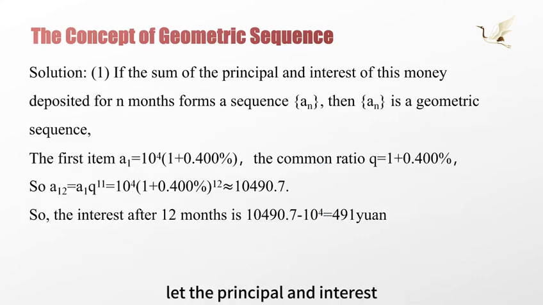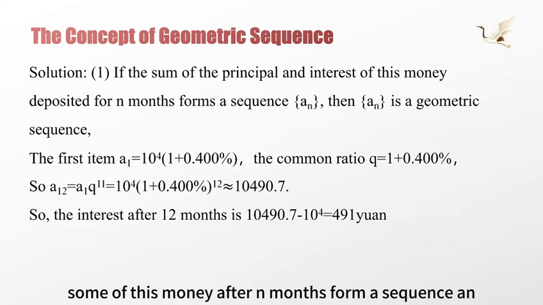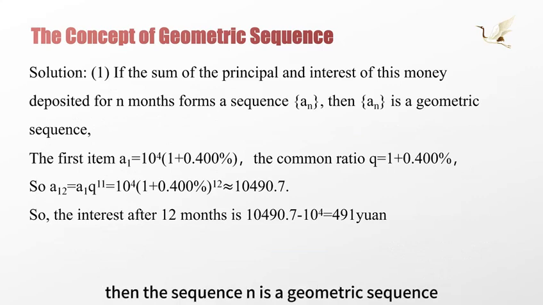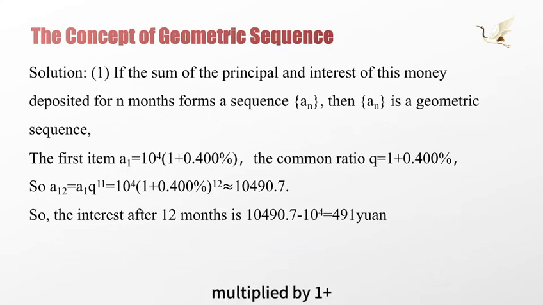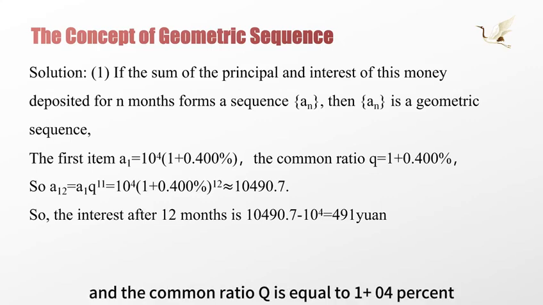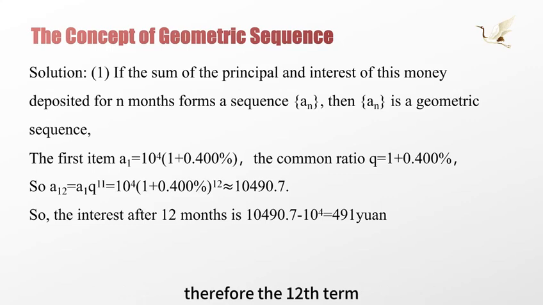Let the principal and interest sum of this money after n months form a sequence a_n, then the sequence a_n is a geometric sequence. The first term a_1 is equal to 10 to the power of 4 multiplied by (1 plus 0.4%), and the common ratio q is equal to 1 plus 0.4%. Therefore, the 12th term a_12 is equal to a_1 multiplied by q to the power of 11.